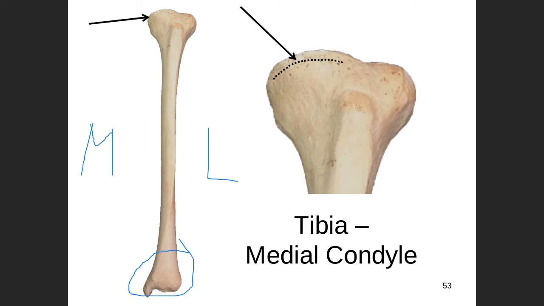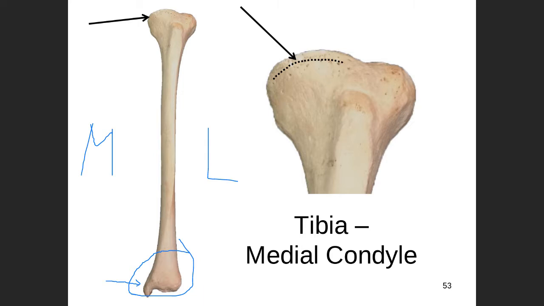See that little nubbin hanging out? That's the medial malleolus. So first of all, I want to identify which is the medial side and which is the lateral side. Find the medial malleolus, that's the bump on the inside of your ankle. See which side that's on, and that's the medial side.